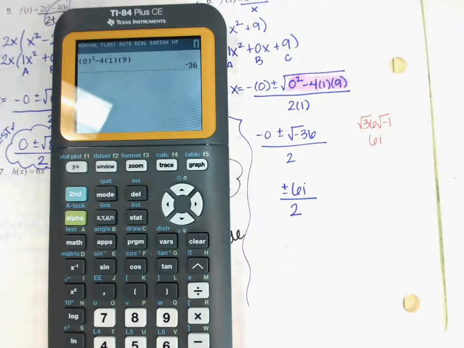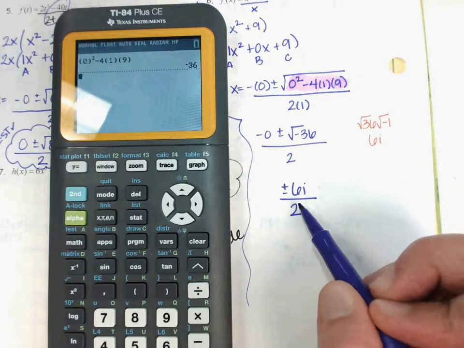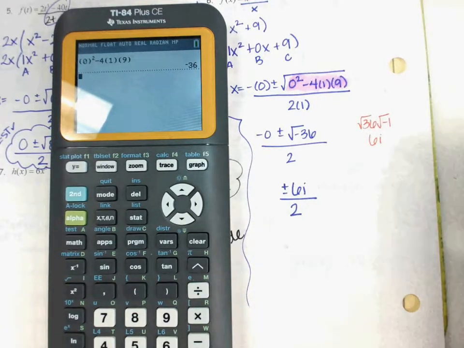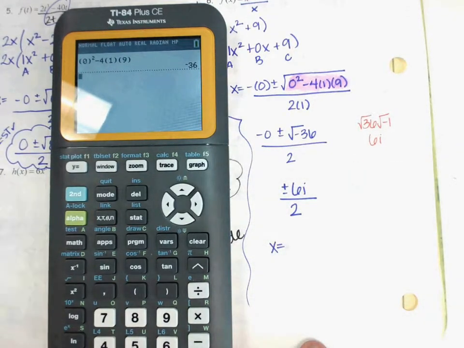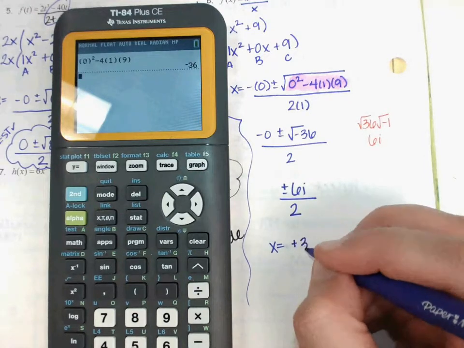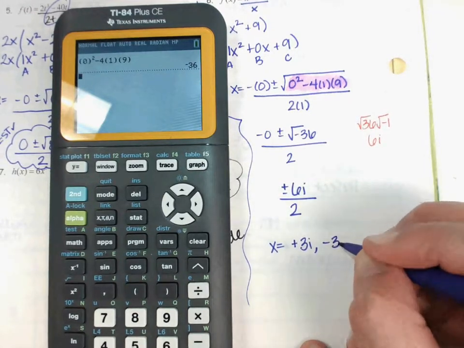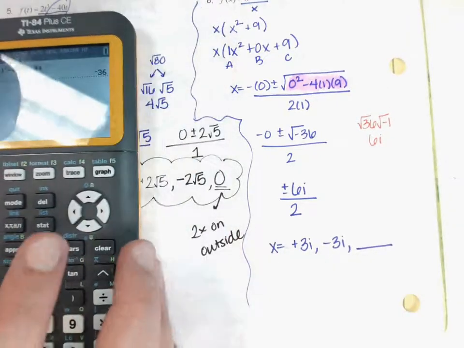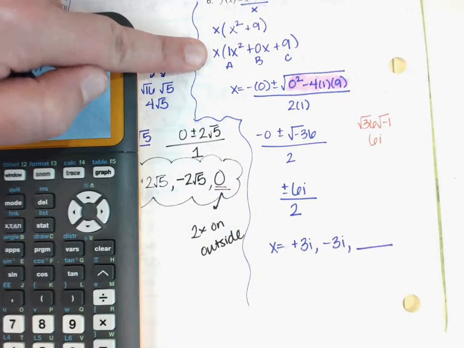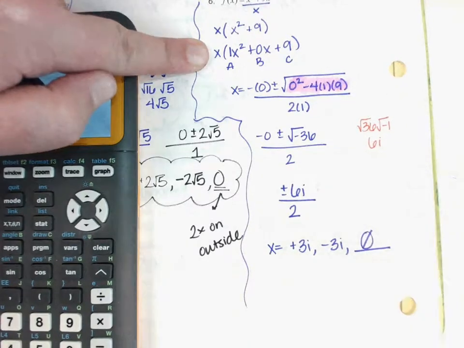It doesn't matter. Okay, from there, if this is a 6 and that's a 2, that can reduce to what? 6 divided by 2 is what? 6 divided by 2 is 3. So you'd have plus 3i, minus 3i, and then what would the third solution be since I pulled that x out to the front at the beginning? 0.